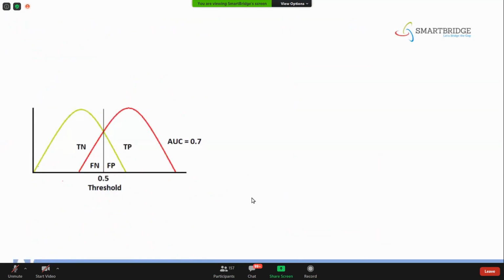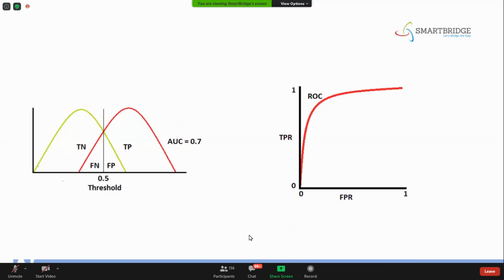Suppose 70% of your data is correctly predicted and 30% is wrongly predicted. Out of 100 yeses, your model correctly predicted 70 as yes and 30 as no. At that time, there will be some overlapping, your AUC will be 0.7, and your curve will be in this way.